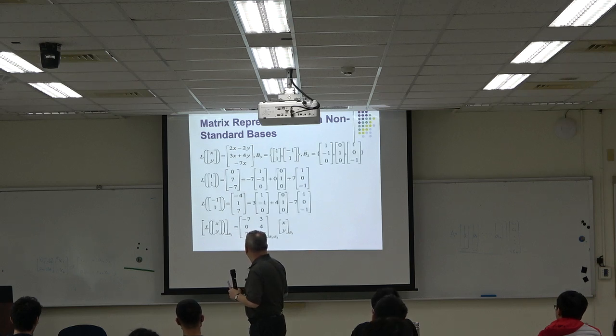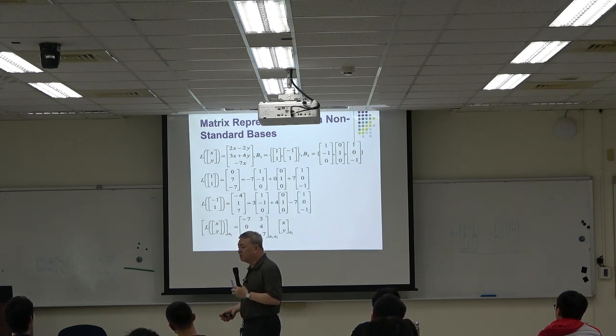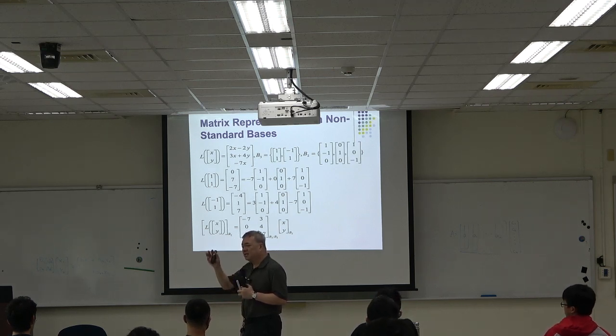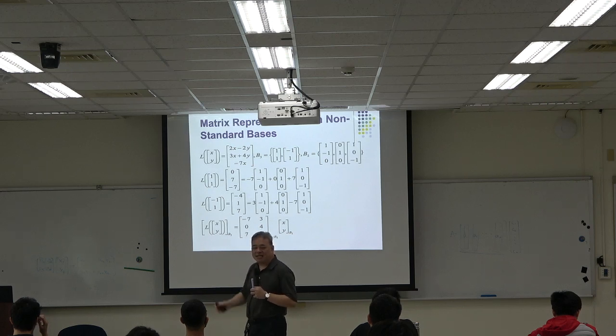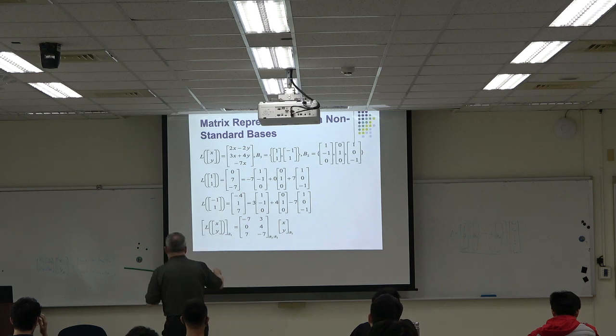So now it's the most complicated one. In the previous examples, we either used the standard basis for both, or at least one of them was the standard basis. This one, both bases are non-standard. We map a vector in R square to R cube.